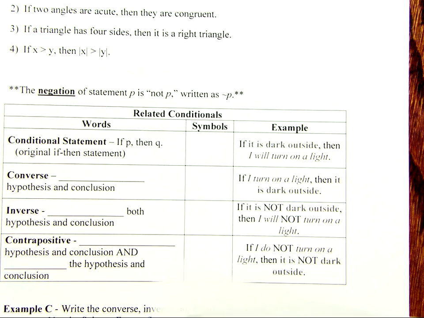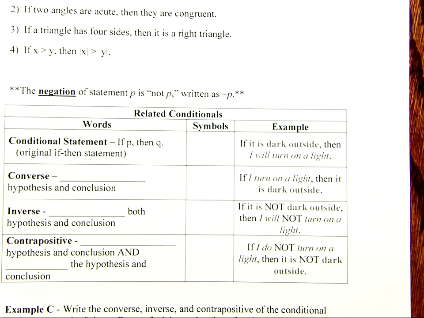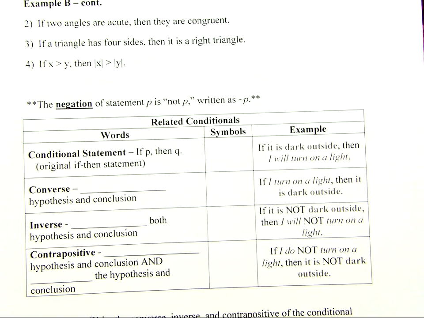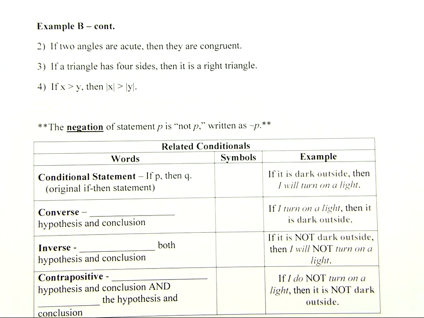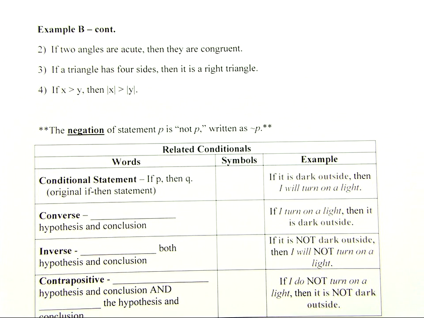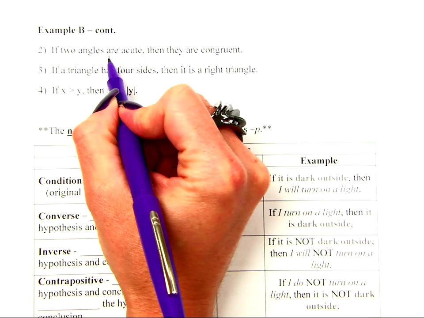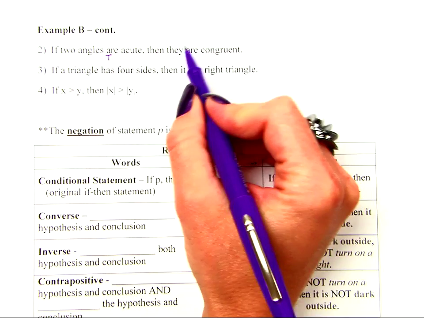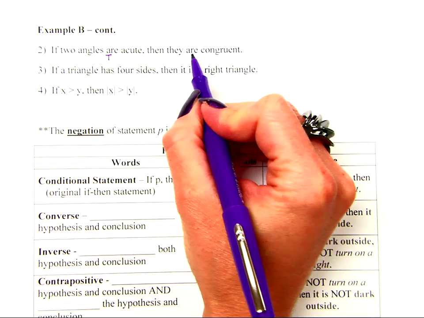Continuing on, if two angles are acute, then they are congruent. Well, I can have two angles that are acute, but does that mean they're necessarily going to be congruent?